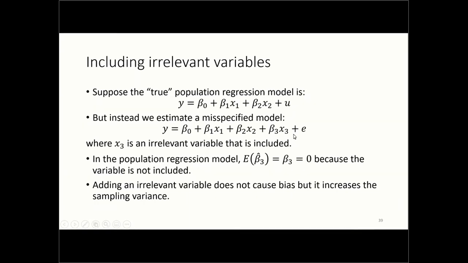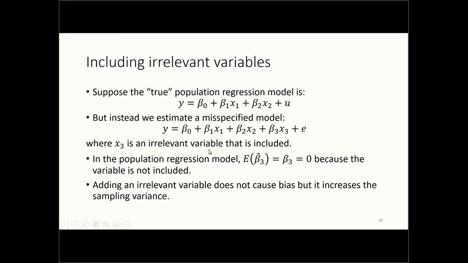For example, in the case of how wage depends on education, experience, and ability, you could put an irrelevant variable there, such as how tall a person is. How tall a person is should not affect your wage. So therefore, such variable x3 would be an irrelevant variable.